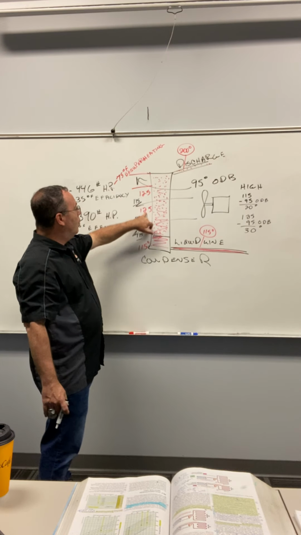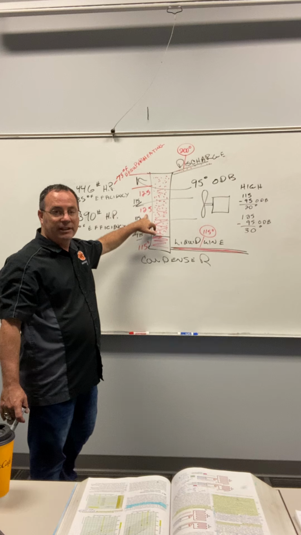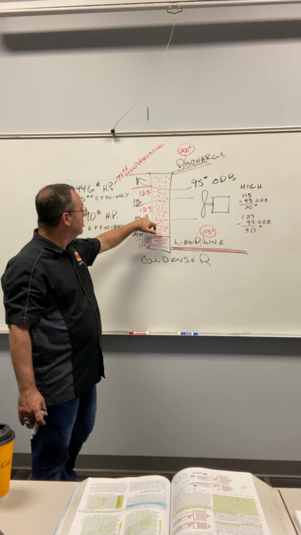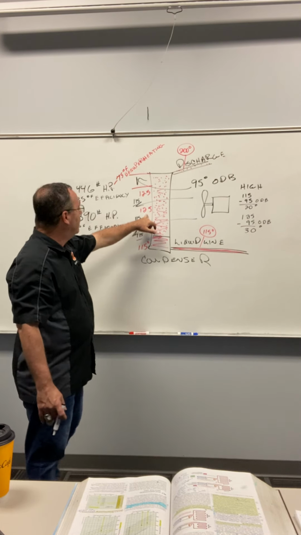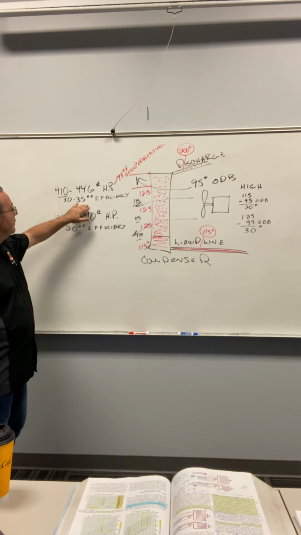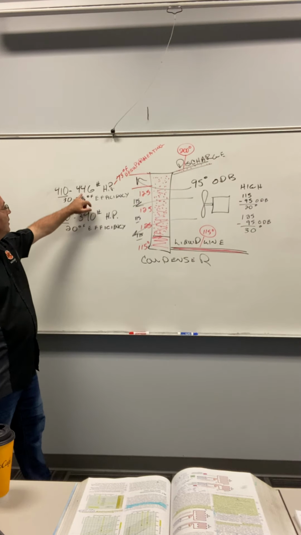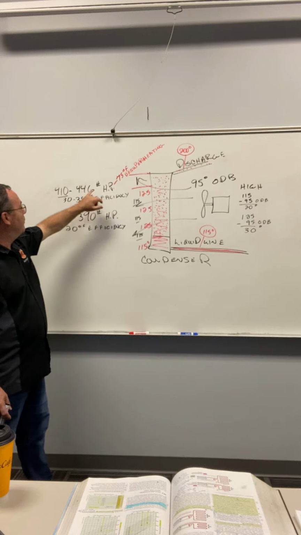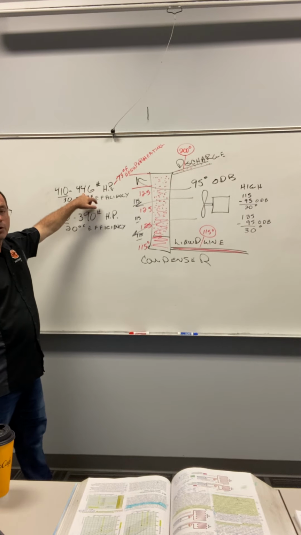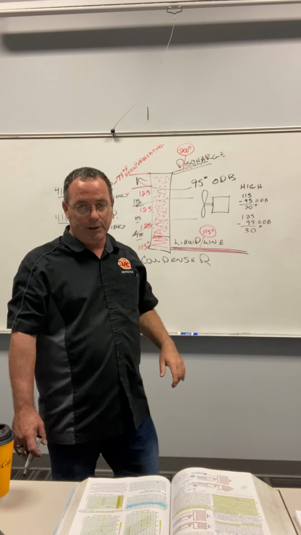Now, what is the head pressure for that condensing temperature? Okay, the saturated mix of liquid and gas, you can use your PT chart. For that 125, it becomes 410A. If you take that 125 and put it on your PT chart, it's 446 pounds of head pressure.